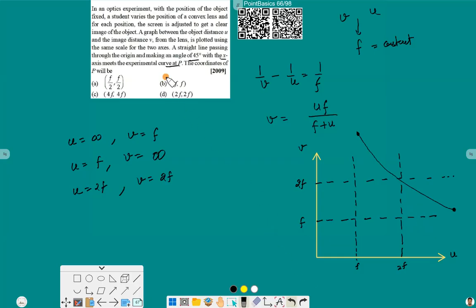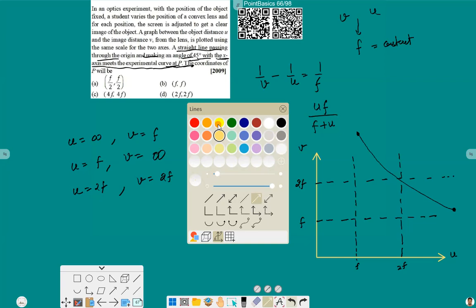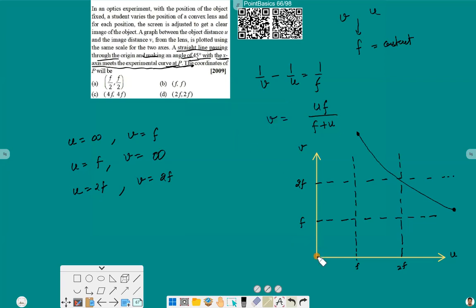Now, as per the question, a straight line passing through the origin and making angle 45 degree with the x-axis meets the experiment curve at P. So we have to draw a straight line here, and that straight line will be passing through the origin like this, and it will be meeting the curve which we have drawn here at point P, and this will be the point P.